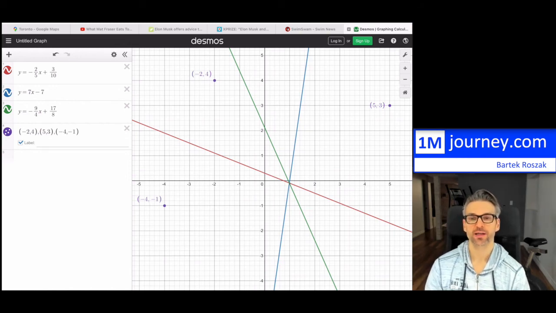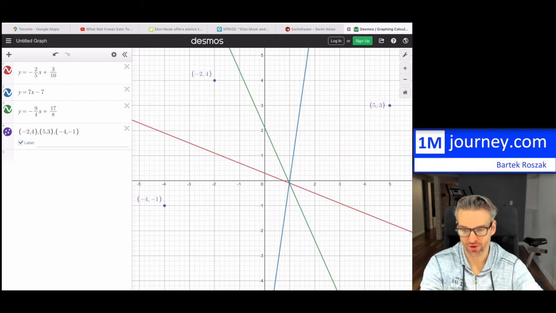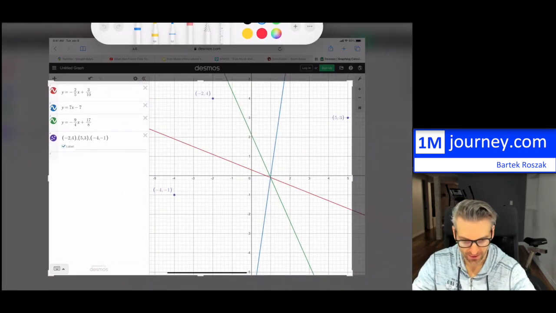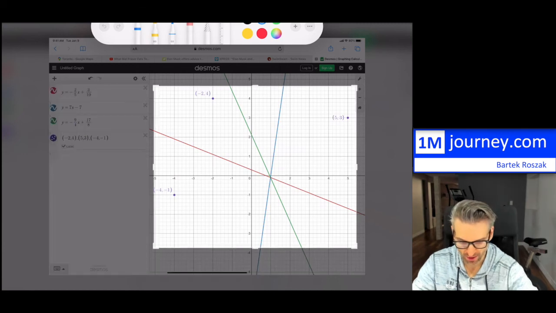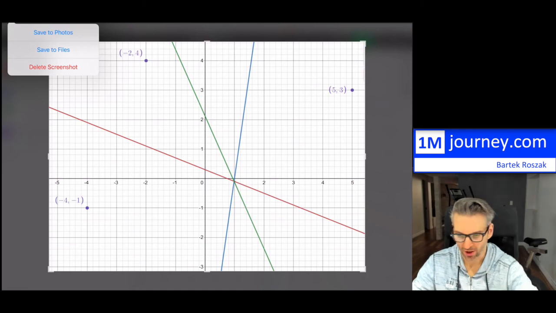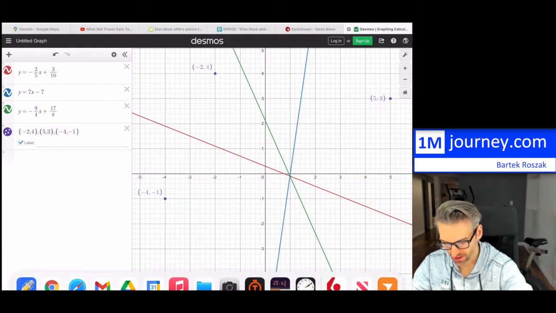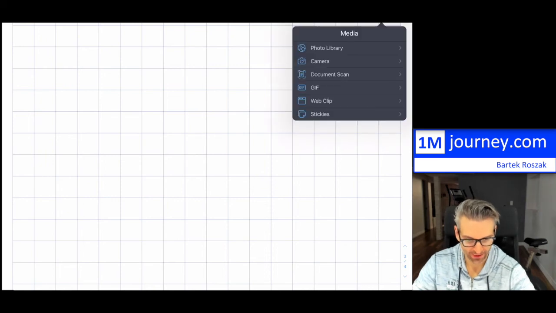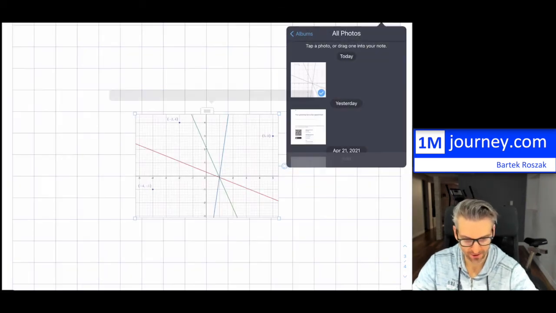If we connect these, I'm going to take a screenshot here so that you can see it, and I'm going to connect them and put them into our plot there. So let me go back and add it into our document here.